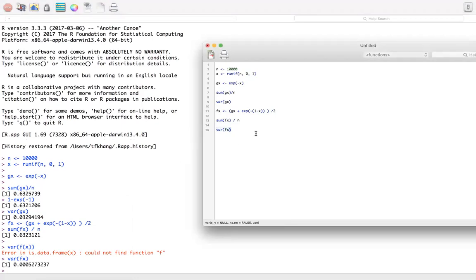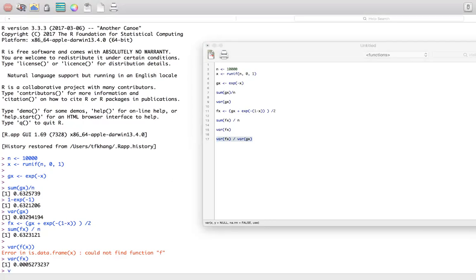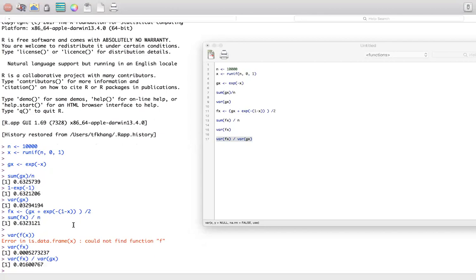If you look at the variance ratio, you compare the two: variance of f of x over variance of g of x. The variance of f of x relative to the variance of g of x is only about 1.6%. You multiply by 100, that will get about 1.6%.